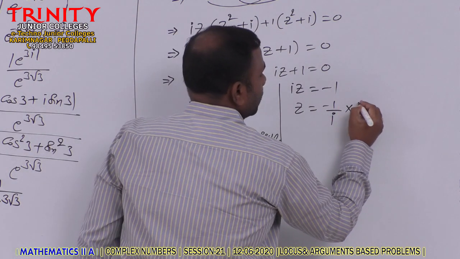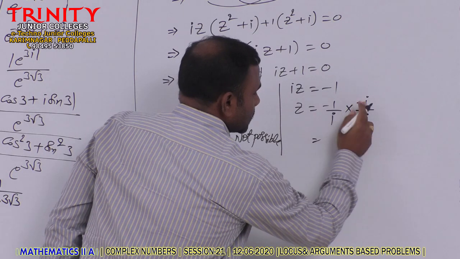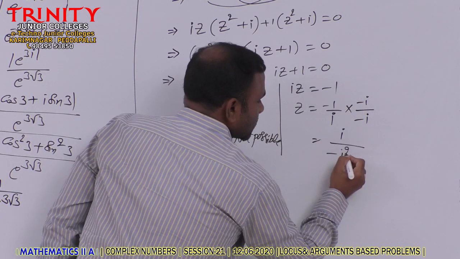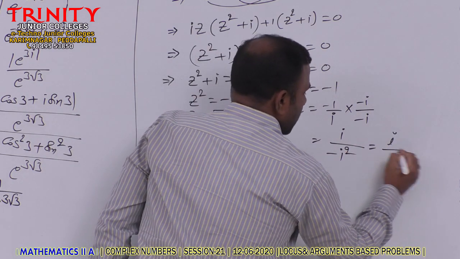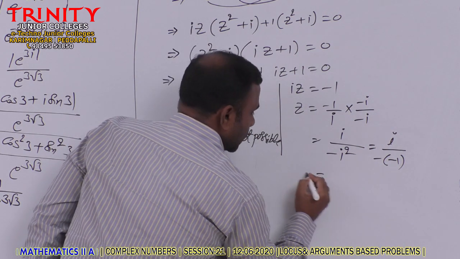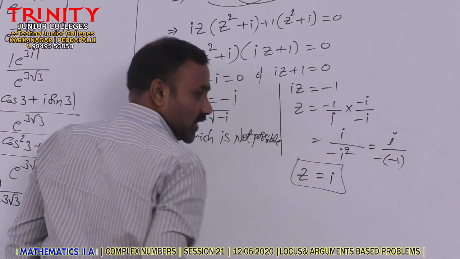That is minus i by minus i. Minus into minus plus i divided by minus i square. Minus i square. I by minus of minus 1. I square value is minus 1. That's why z is equal to, we got now its value is i.